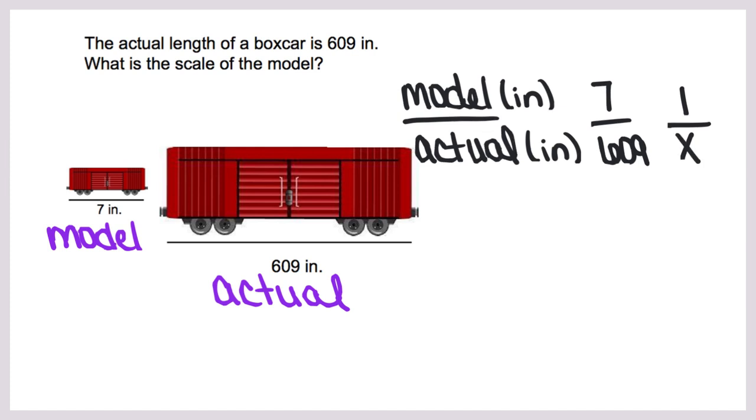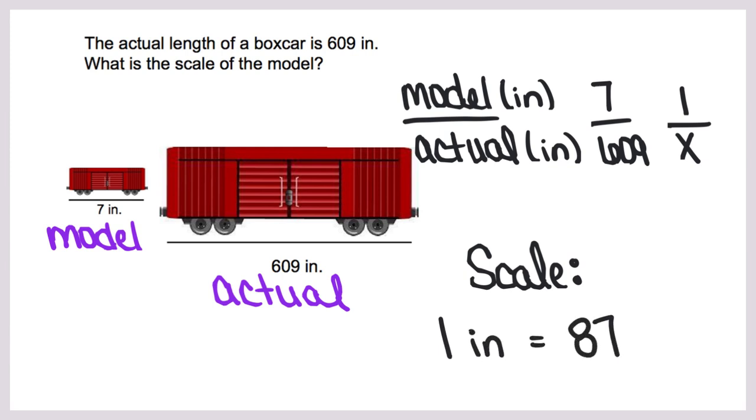So we set it up exactly the same way. We cross multiply it out. We get 87. So we would say our scale is 1 inch equals 87 inches.